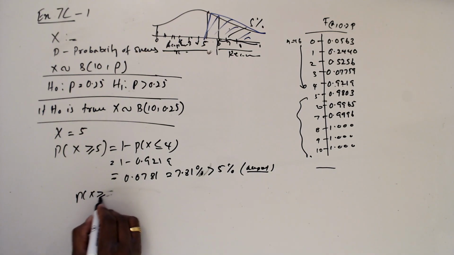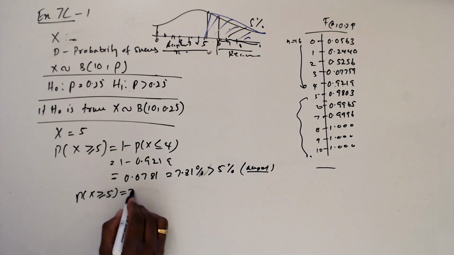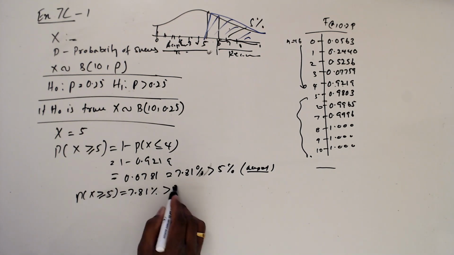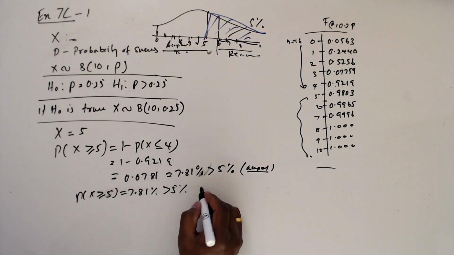Probability of X less than or equal to 5 is 7.81, which is greater than 5%.